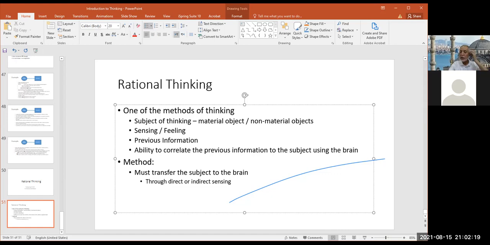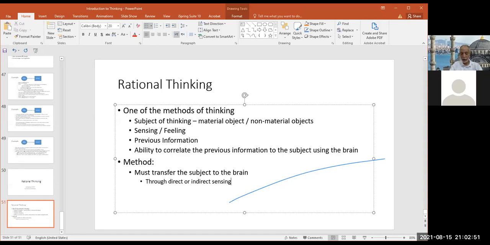Direct means using your own senses. Indirect can be using instruments, like the ability to catch a sound using your cell phone, or to catch electromagnetic waves. So it could be through direct or indirect sensing.